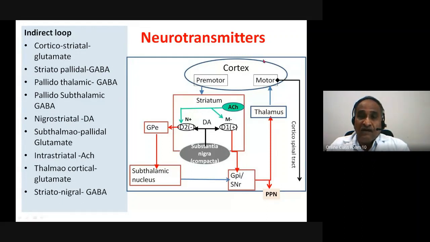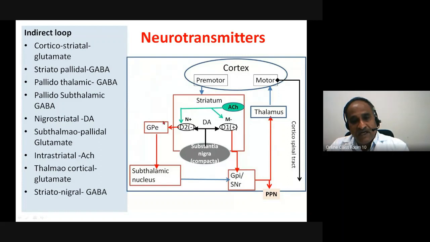Now, I have also mentioned there are 4 neurotransmitters here. The first one is glutamate. The blue ones are glutamate, and the red ones are GABA. That means from the striatum to the globus pallidus externa or to the globus pallidus interna, it is GABA.